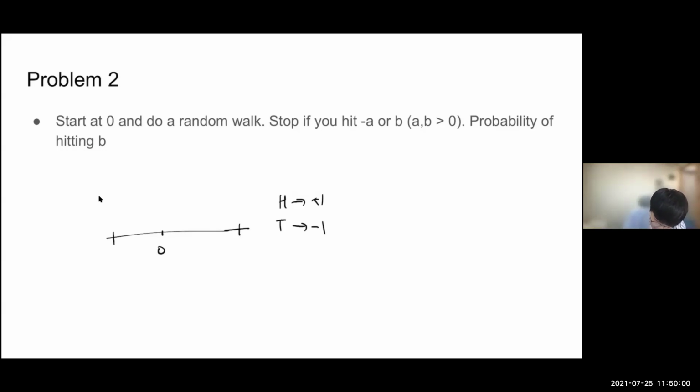Let's say that you have these two numbers, -a and b. Let's say, for instance, it's -3 and 4. And you stop when you hit one of these. I want to know what the probability of hitting 4 is. So it's basically asking what the probability of hitting 4 before hitting -3 is.